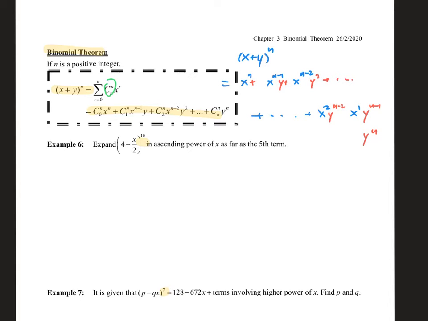For details, you may try to read your book, or search on Google, and it helps tell you the reason behind it. And so how we write it should be nC0, nC1, nC2, nC(n minus 2), and then nC(n minus 1), and nCn. So this is called the Binomial Theorem.